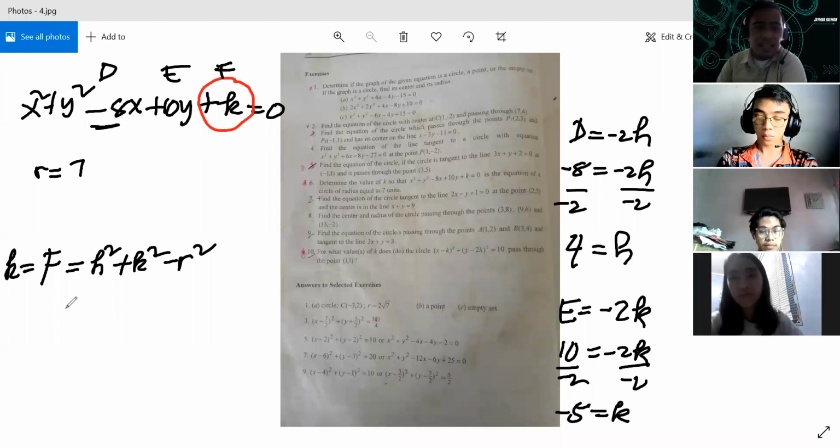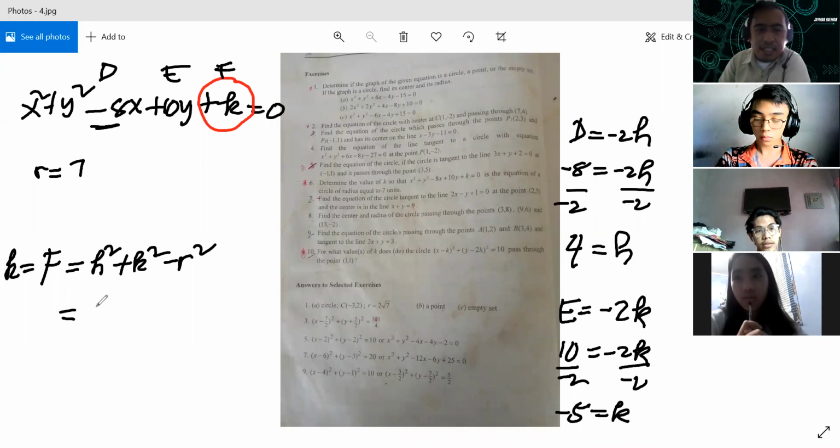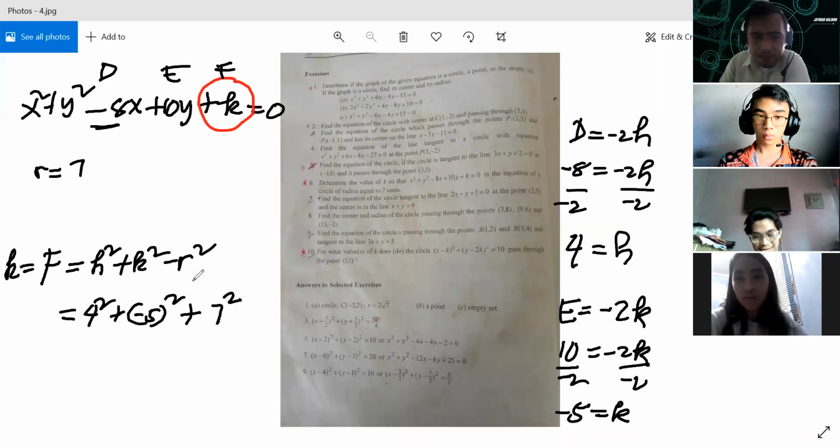Okay. Then after that, you can solve for your F. H squared is 4 squared. Your K is negative 5 squared. Your R is 7, then 7 squared. It's easy, even if it looks difficult, as long as you know the technique.